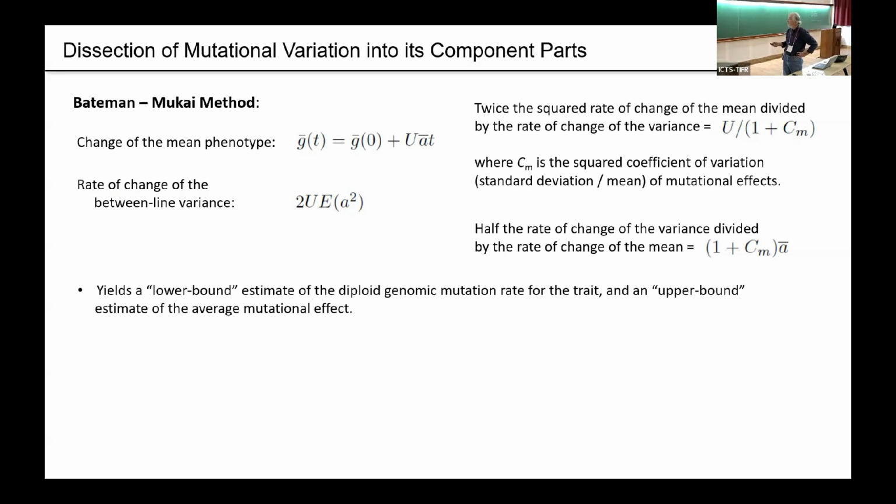So what this means is that because this has got to be greater than or equal to 0, when you play these tricks, you can use this approach to get a lower bound estimate of the diploid genomic mutation rate, and an upper bound estimate of the squared mutational effect. Everybody follow that? It's a pretty clever idea, but there are limitations here.